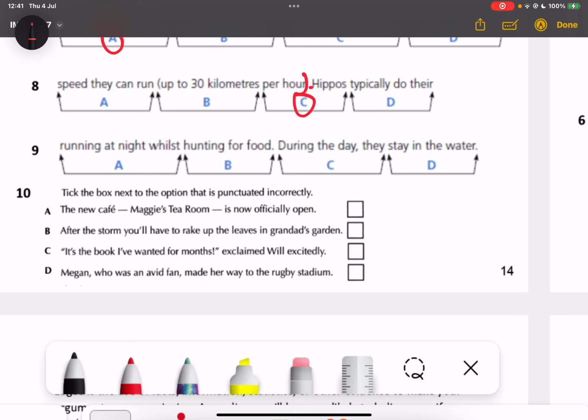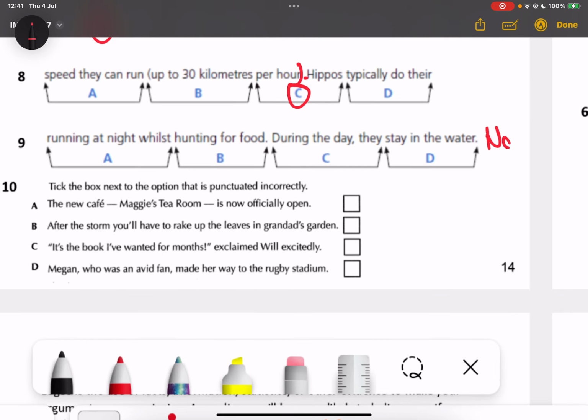And the full stop should still be there, but the bracket should be before the full stop. Up to 30 kilometers per hour. Hippos typically do their running at night whilst hunting for food. During the day, they stay in water. 9 has no mistakes.